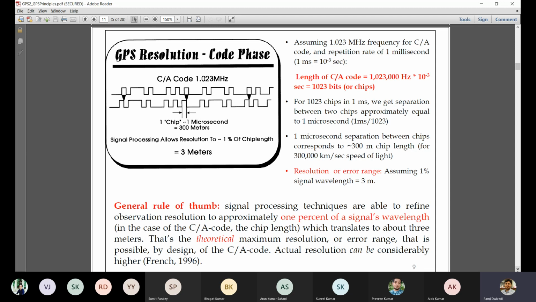In the case of CA code, the chip length translates to about 3 meters, that's theoretically the maximum resolution. That is possible by design of the CA code. Actual resolution can be considerably lower. Clear? Any questions?